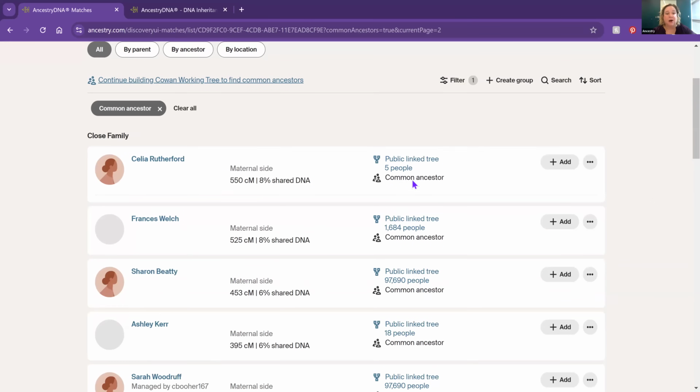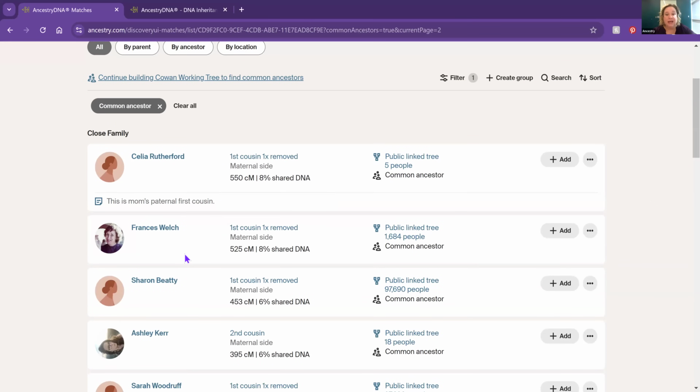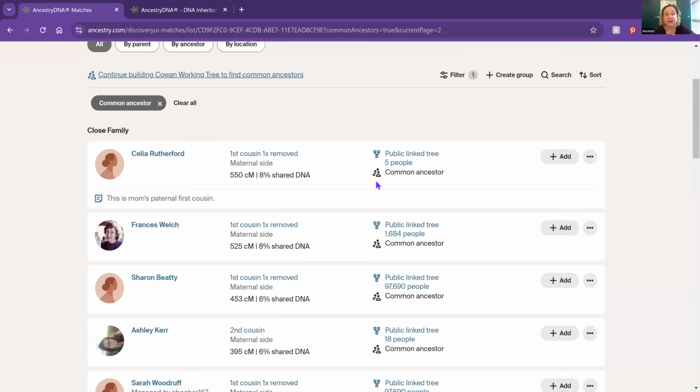So these are my mom's first cousins, and every one of them has a common ancestor hint because I have a tree attached to my DNA results and they have a tree attached to their DNA results. Now, cousin Celia here, she only has 5 people in her tree, probably herself and her parents and maybe one or two of her grandparents. That's it.